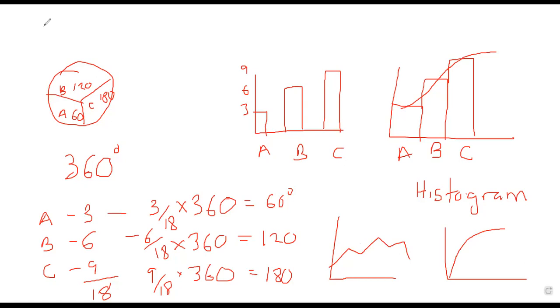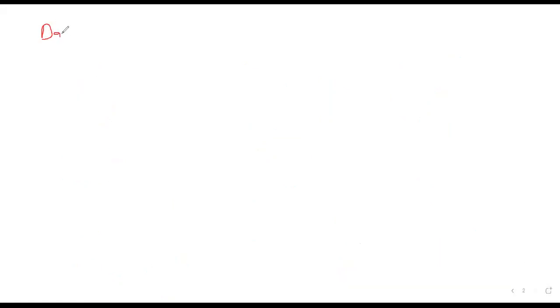So there's what we call data. Data is simply organized pieces of information. You could be given 3, 7, 5, 3, 9, and 20.